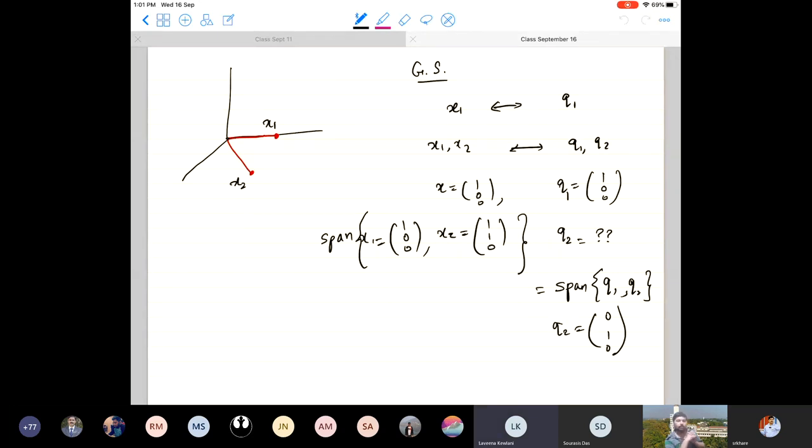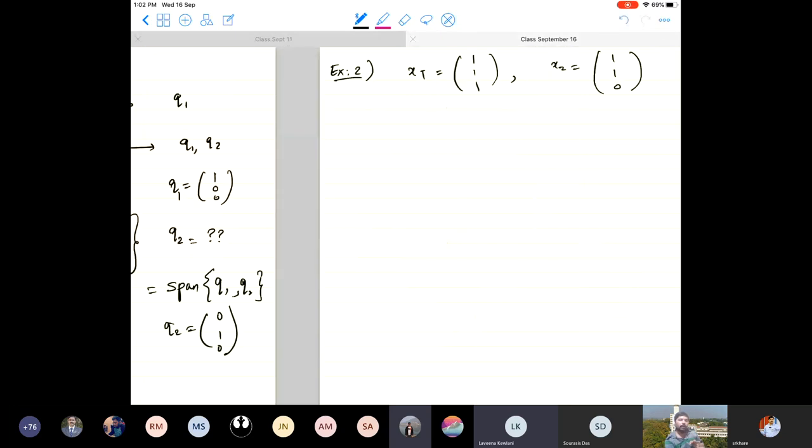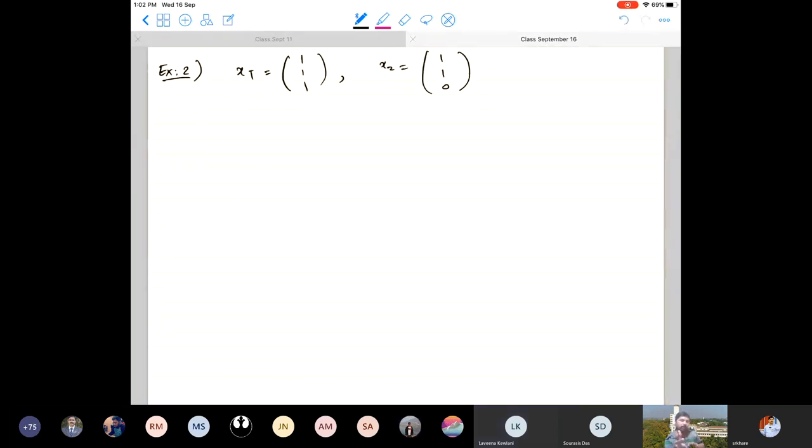If you want to really understand the geometry of this example, it says that you have a plane passing through the origin, an oblique plane. Then what are the orthonormal vectors on this plane?